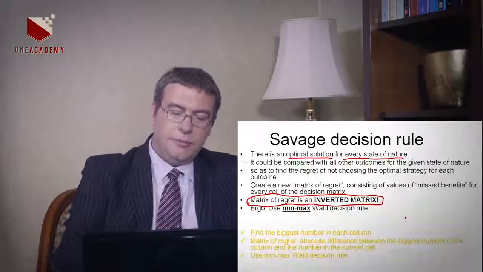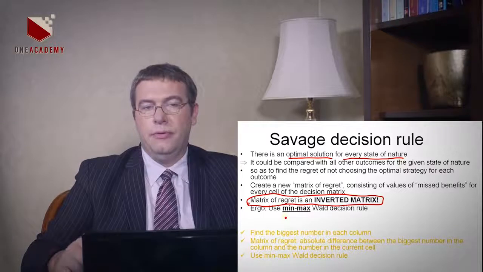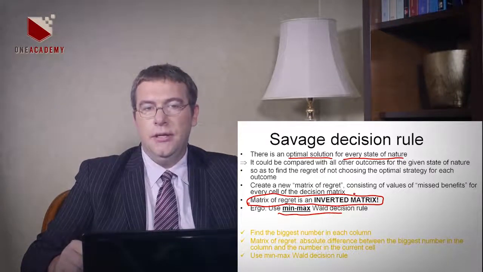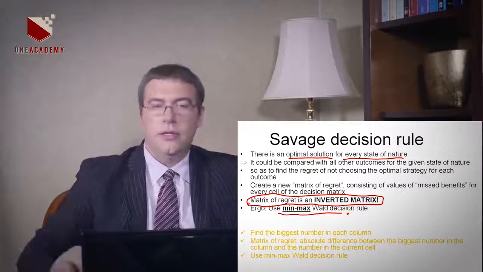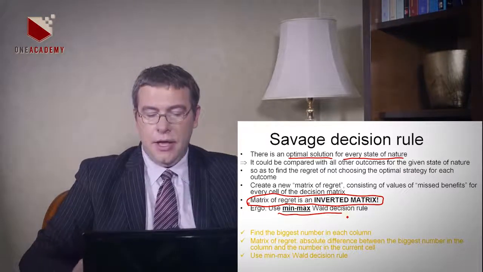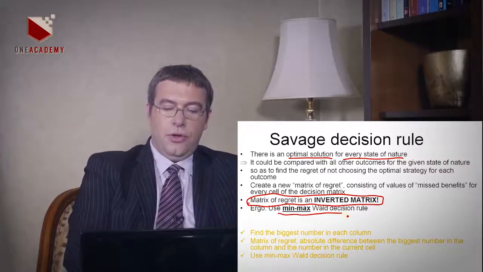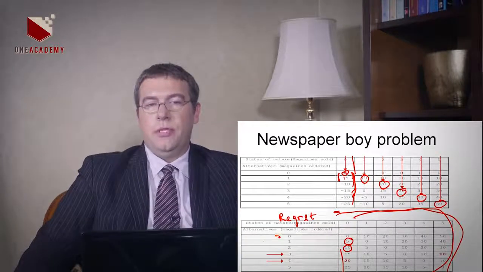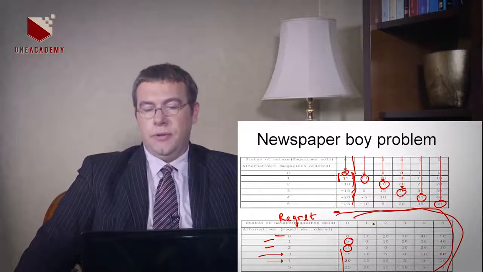And the second stage is applying the Wald decision criterion on the newly constructed matrix of regret. And how do we do this? Basically, look row by row, see which is the worst possible outcome, and then pick the best out of the worst.